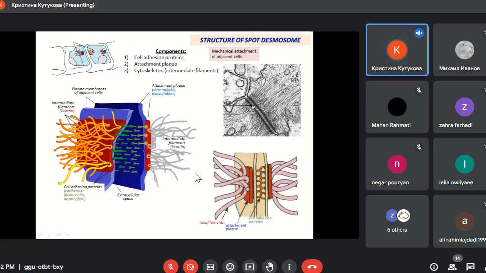Next, two membranes, and they look very thick because the attachment plaques are attached to each cell membrane from inside of each cells. So these thickenings are actually the attachment plaques, and these are the intermediate filaments of protein keratin.